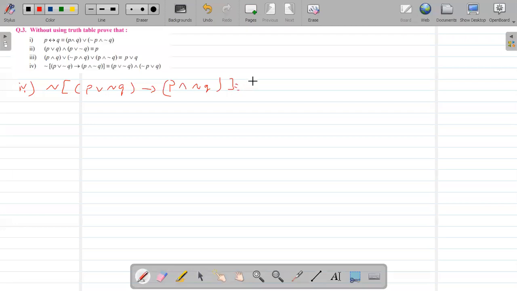And we have to prove it equals P or negation Q and negation P or Q.